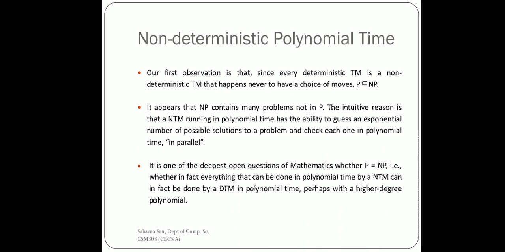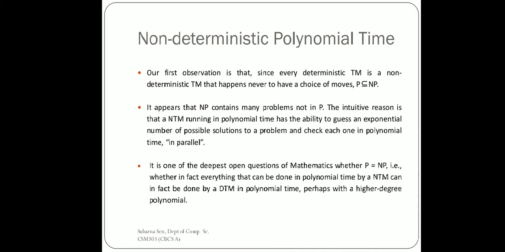Why is it so? If you remember, when we move to the non-deterministic concept, if we are given a string of length m, how many choices could we make there? 2 to the power m in case of non-determinism, right?